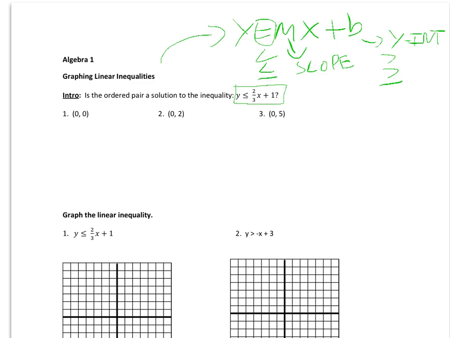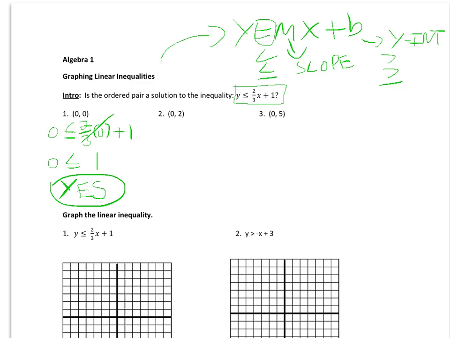So I have 0 is less than or equal to 2/3 times 0, plus 1. Well, 2/3 times 0 is just 0, and 0 plus 1 gives me 1. Then I ask myself, is 0 less than or equal to 1? Yes. Since that's a true statement, I say yes, (0, 0) is a solution to this inequality.